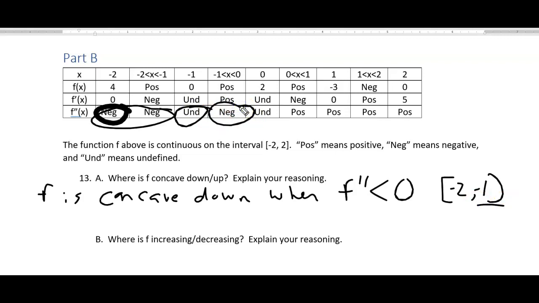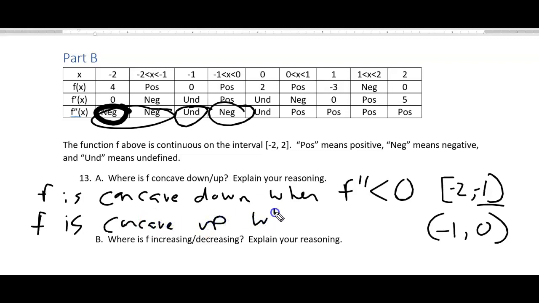F is also going to be concave down here, so we can put negative 1 to 0, and that's it. There's no other places where f double prime is negative. Okay? And then we can restate the thing with concave up. The only difference now is that f double prime is going to be greater than 0, positive.